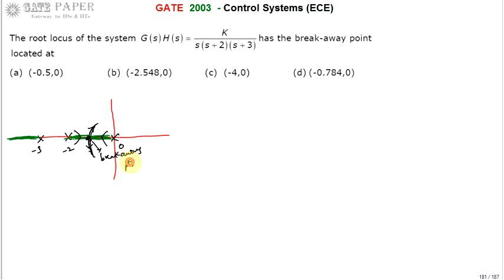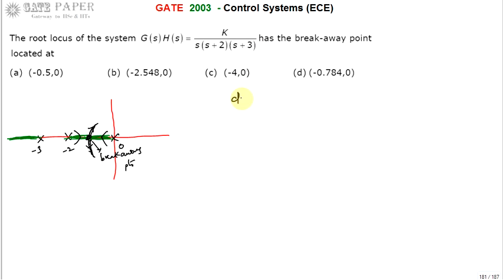Breakaway point means where the root locus breaks, and it is always present between two consecutive open loop poles where the root locus branch exists. Similarly there is the break in point, which is always present between two consecutive open loop zeros where the root locus branch should exist. So this point we are going to calculate.